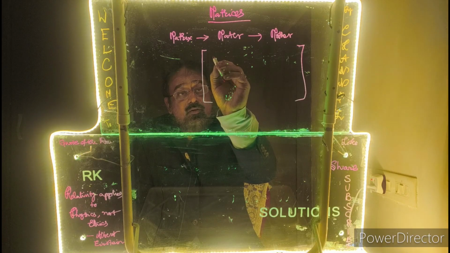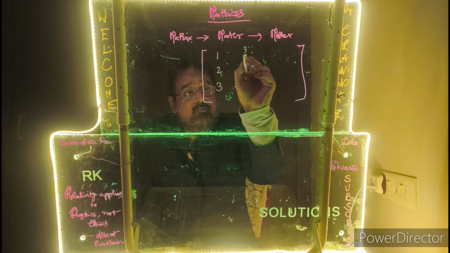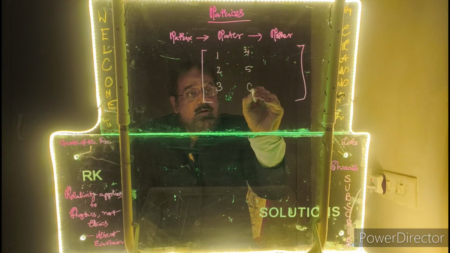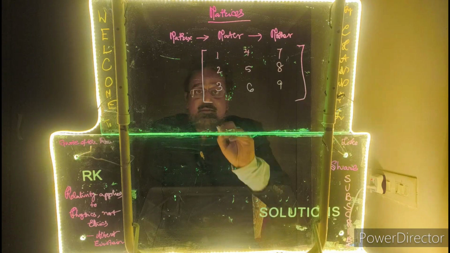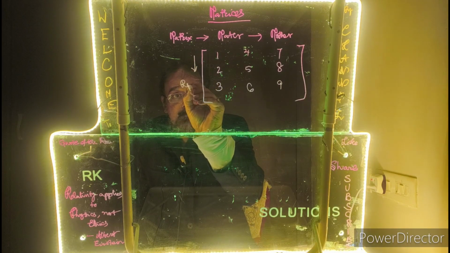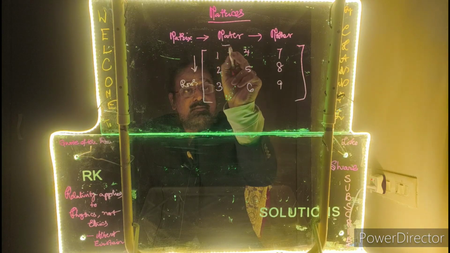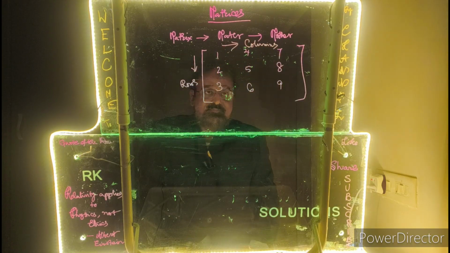So, in what we call rows and columns, these are the rows, these are the columns. Right?